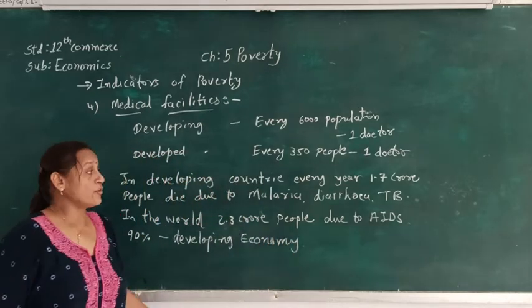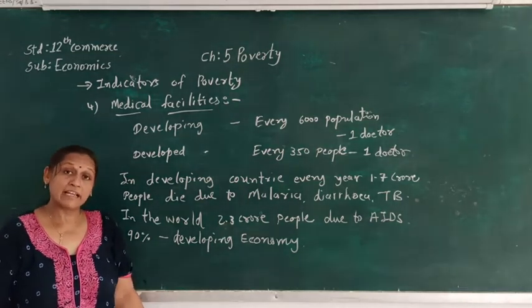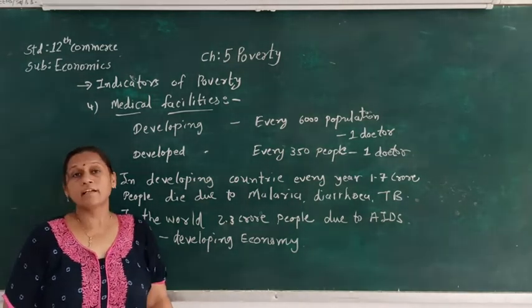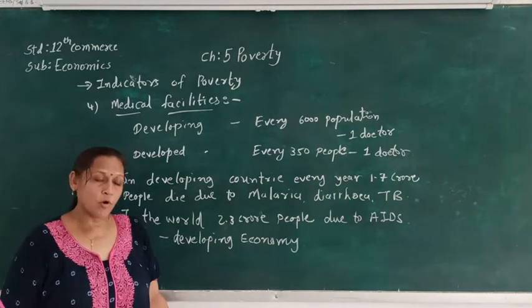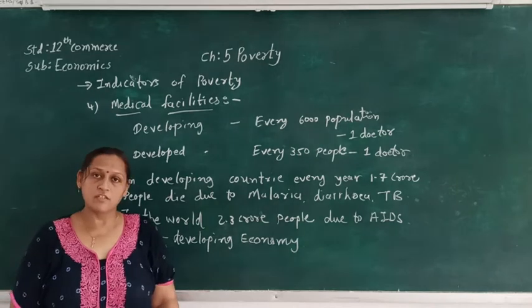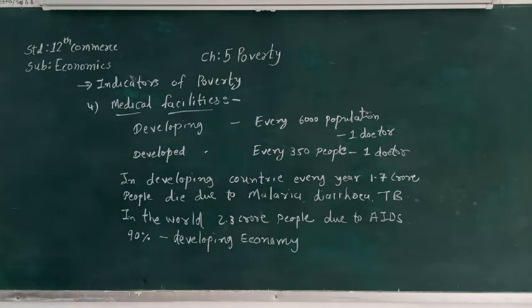So from this information we can see that in a developing country, there are very less medical related facilities, and because of that, people are dying more. Students, you may note down this in your notebook.